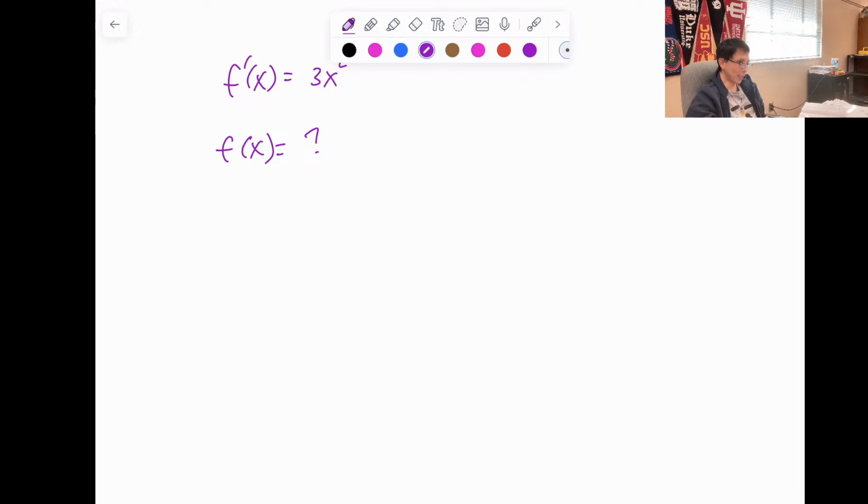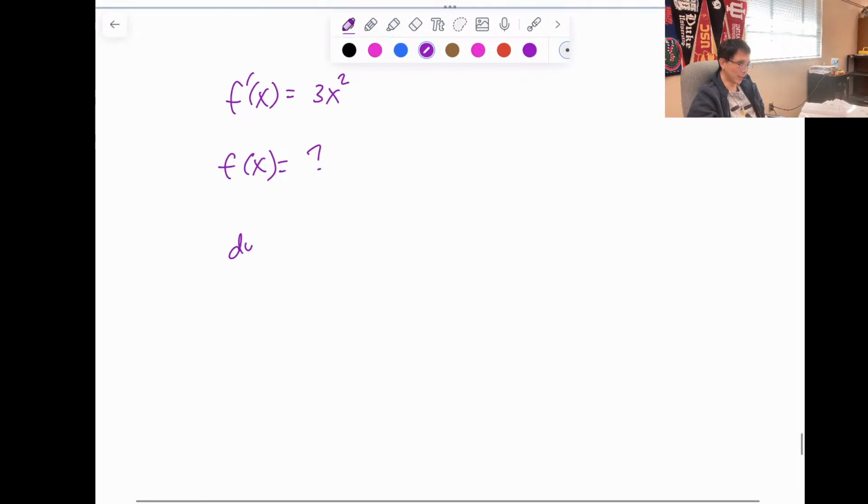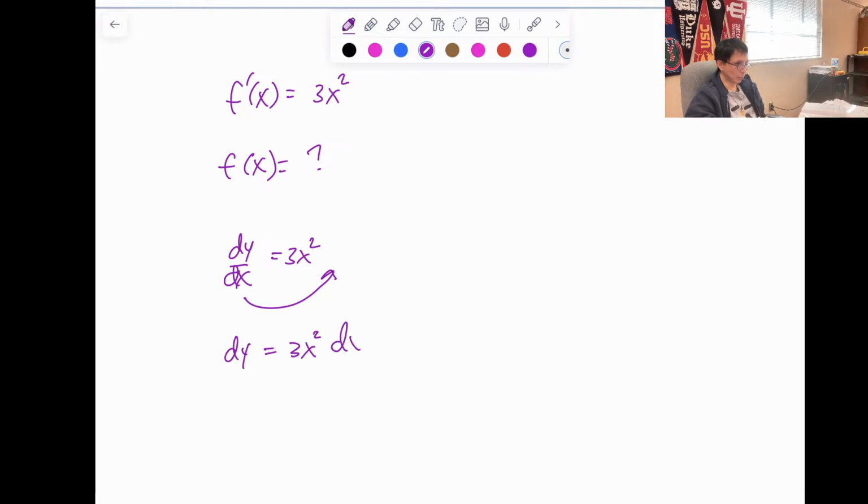So imagine like this, right? We know dy/dx is equal to 3x squared, and we want to find out what y is. So technically the dx is moving to this side, which shows up in differential form. That's why when you were doing differentials yesterday, it looked like this.